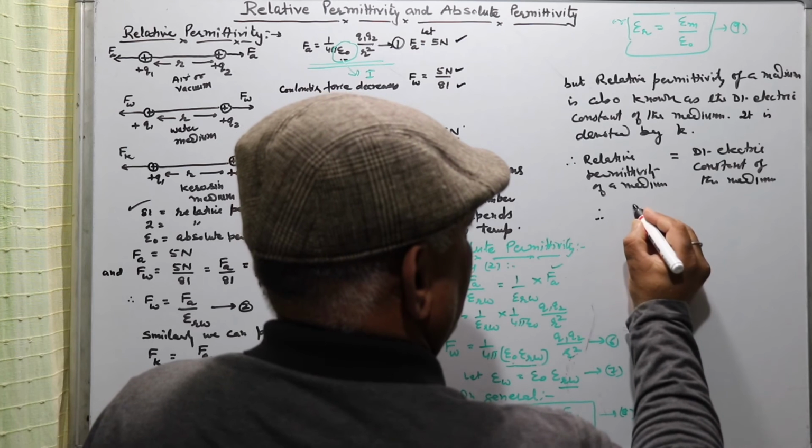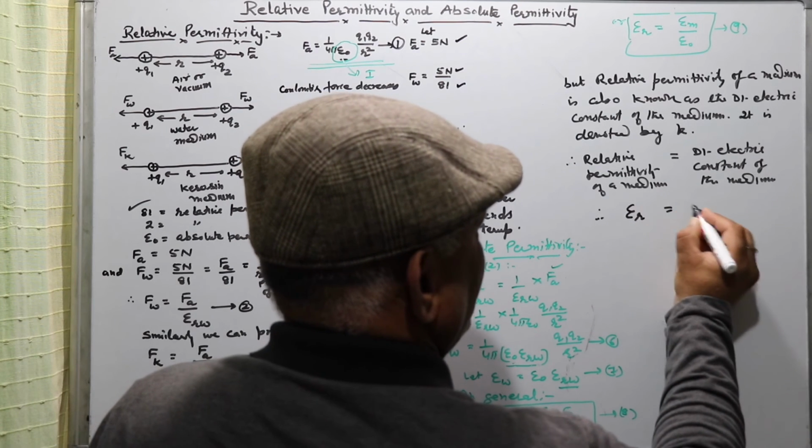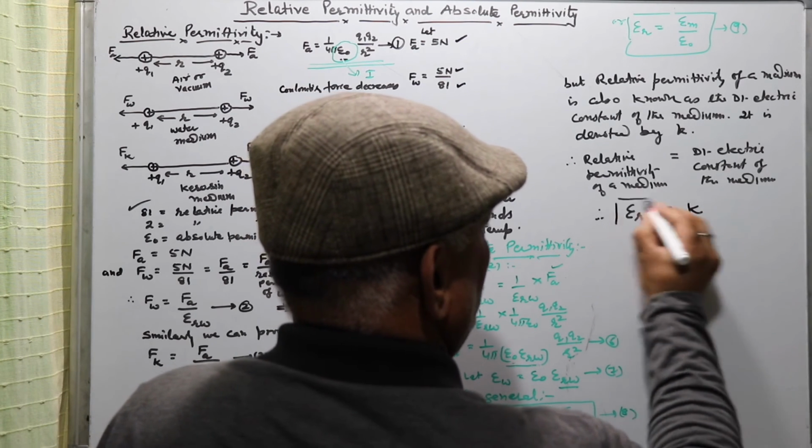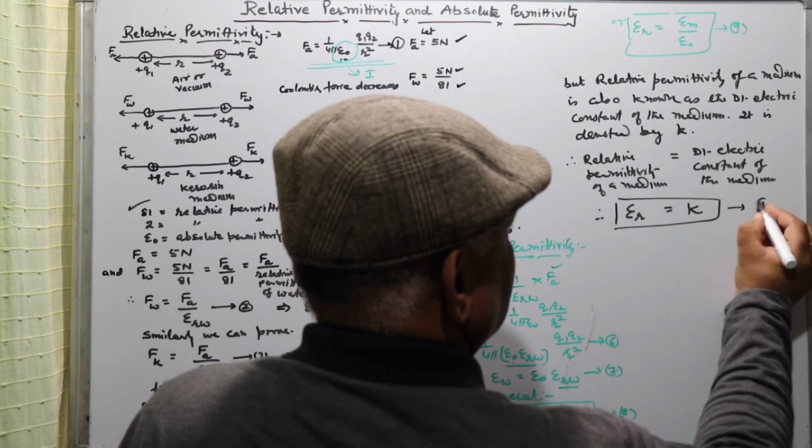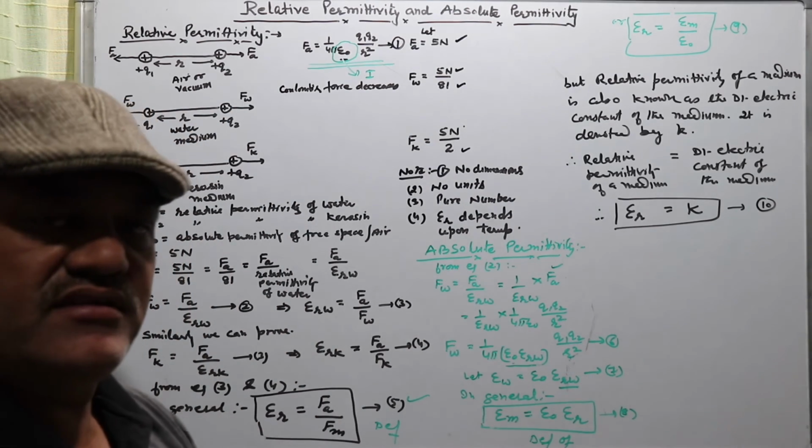Therefore, relative permittivity is epsilon r and dielectric constant is K. Therefore, epsilon r is equal to K, and this is equation number 10.